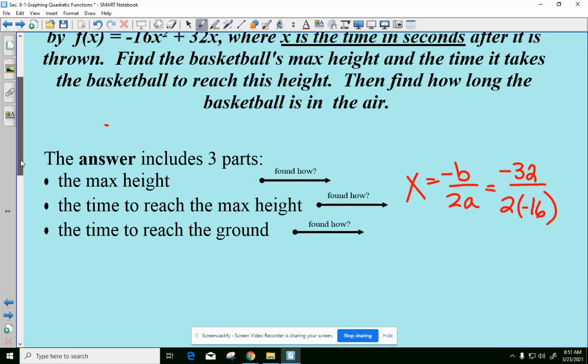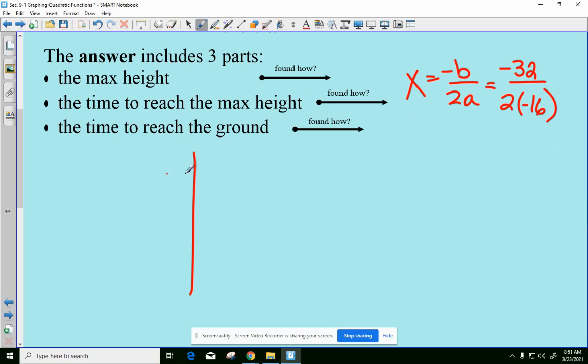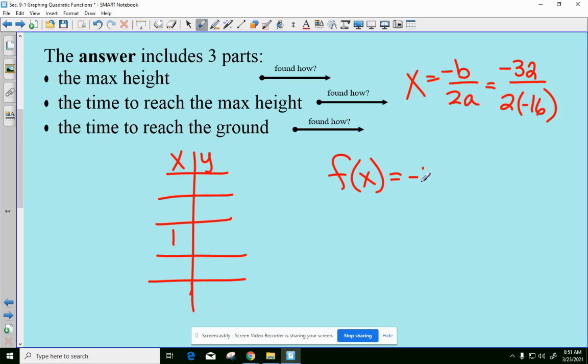If you had a table of values, that 1 would go right there. What's the corresponding y value if I'm using the function f of x equals negative 16x squared plus 32x? If I plug that value of 1 in, what's the corresponding value that goes with it? 16.